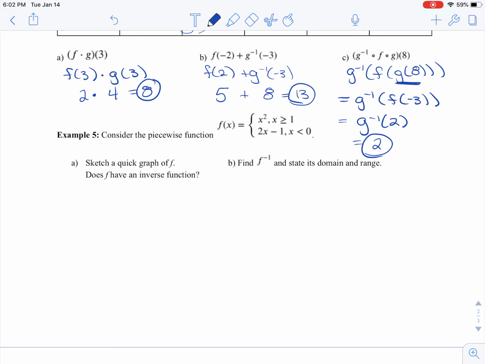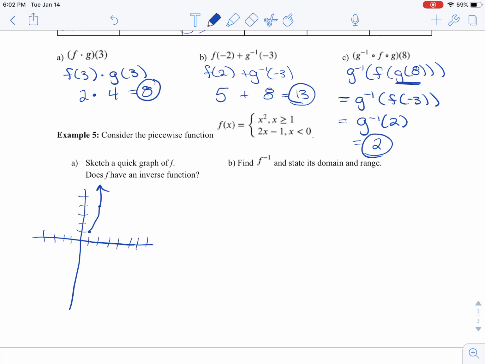So to sketch a quick graph of f, for this part where x is greater than or equal to 1, at 1, x squared is equal to 1. We know at 2 it's 4. It's that parabolic shape, right? Part of a parabola.